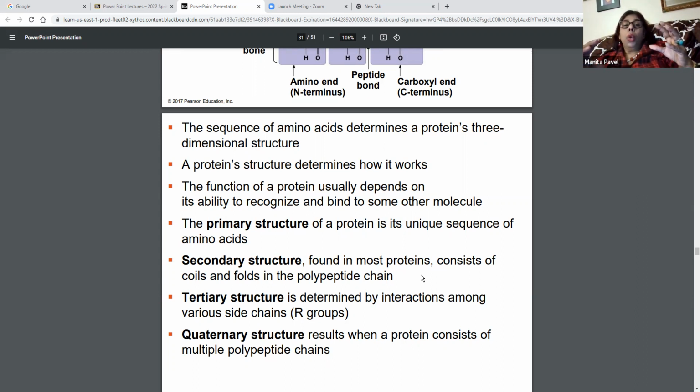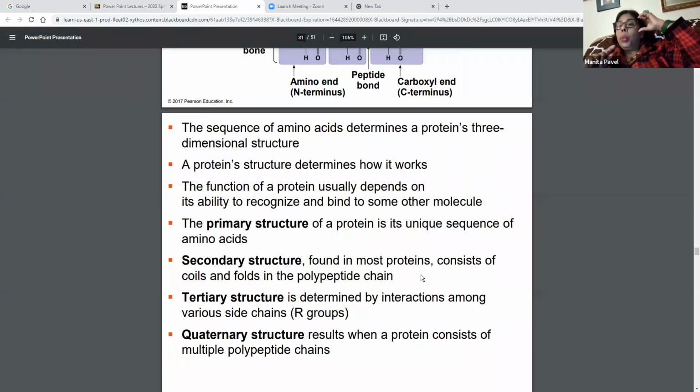Secondary structure will consist of coils and folds. Tertiary will have a number of side chains, R groups. So you will have alpha helix and beta pleated structures, because secondary has the alpha helix, beta, and tertiary will be a combination of alpha helices and beta pleated, pleats, folds. Quaternary is the most complex structure with a lot of alpha helices and beta pleated structures.